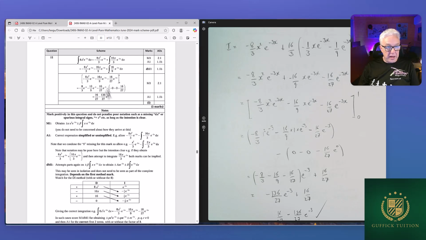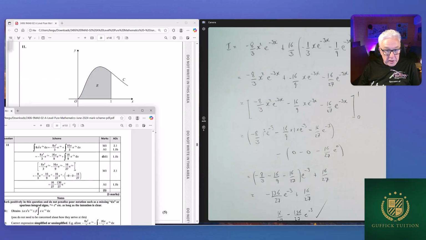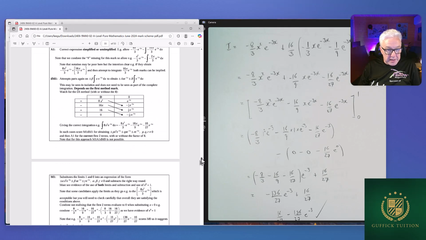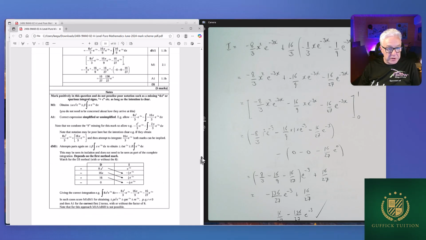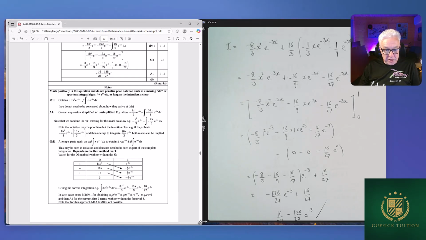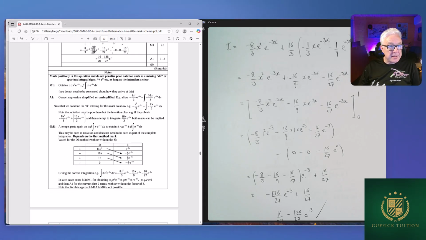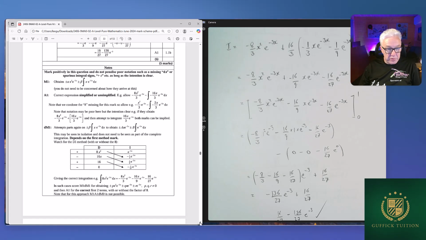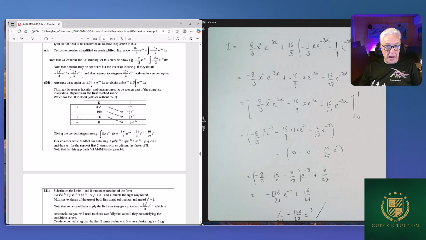What we've got here is, you can see, if I can just click on this, bring it here, you can see that they've done what's called the DI method. Now this is an alternative sort of tabular form of doing a double application of parts, okay? And it's absolutely fantastically explained by the brilliant maths YouTuber called BlackPenRedPen.